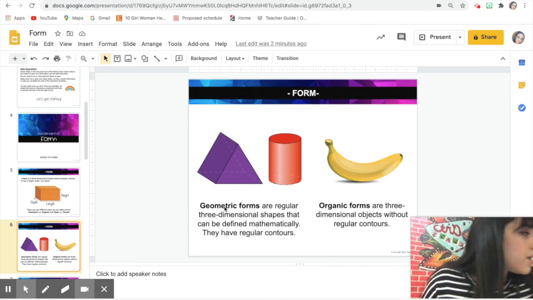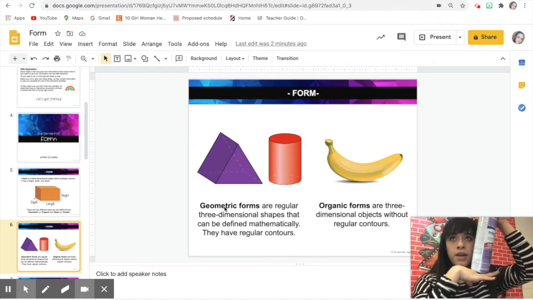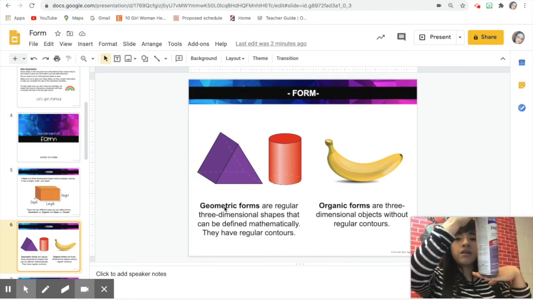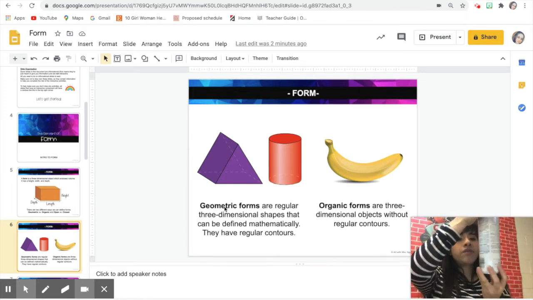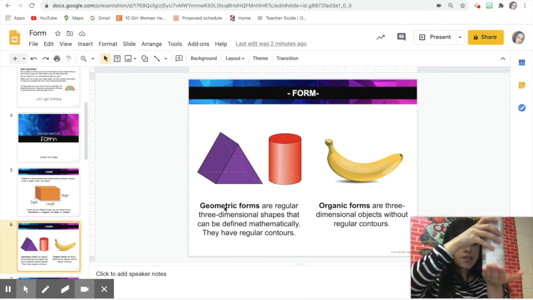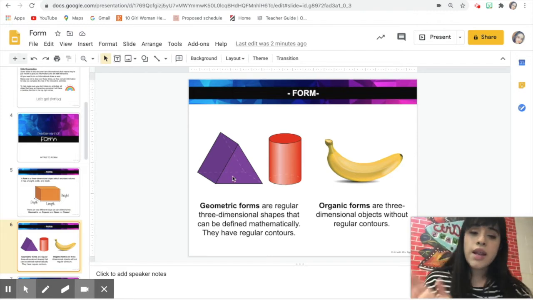I have a can here in front of me, my can of Lysol, down below in the right-hand corner on camera. This is a geometric form. It was defined mathematically, and it has regular contours. It looks like a cylinder. Let's continue to the next one.